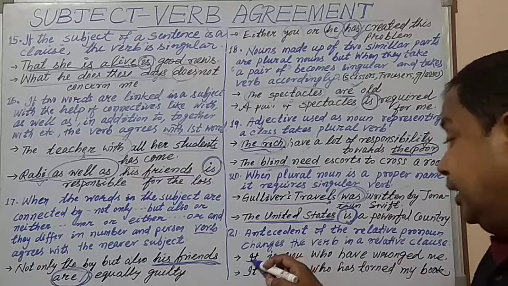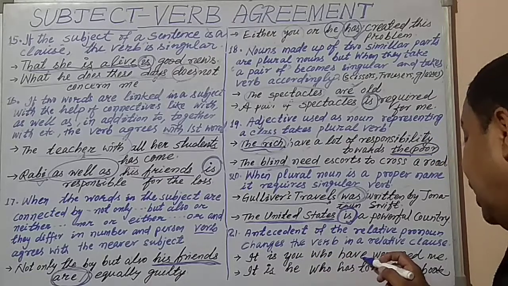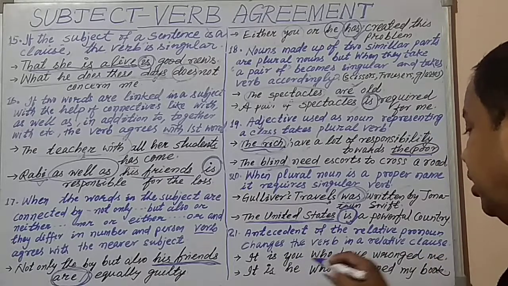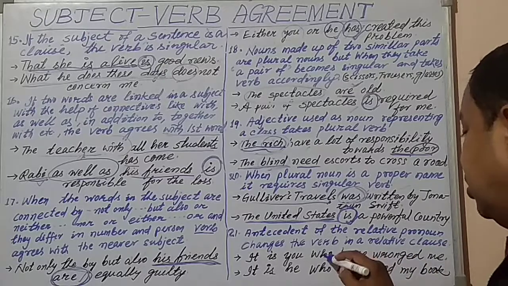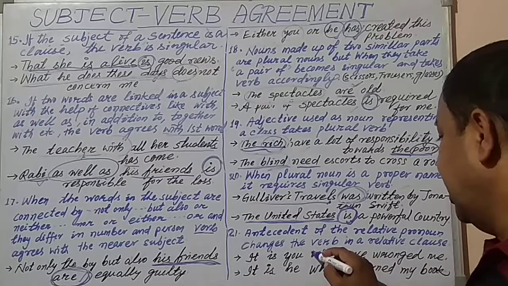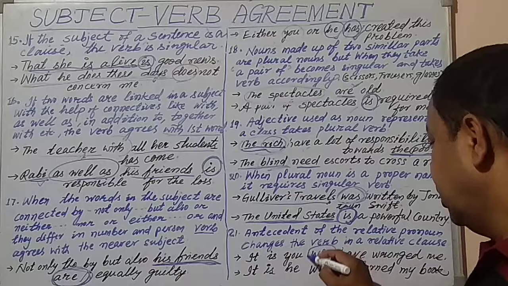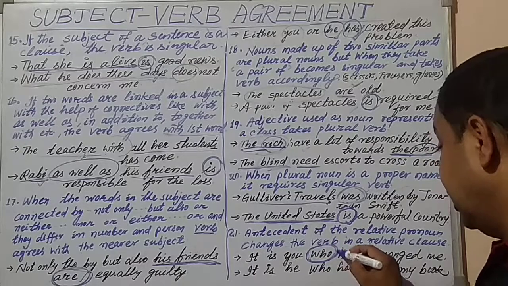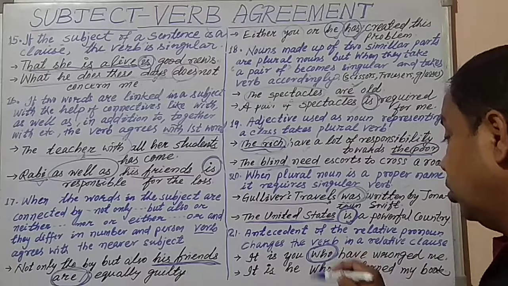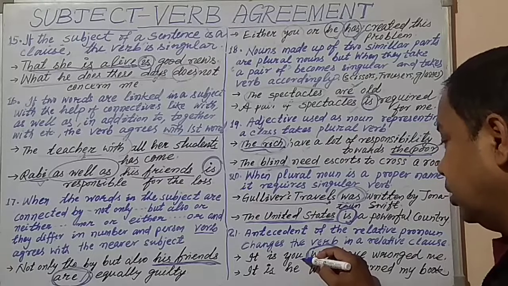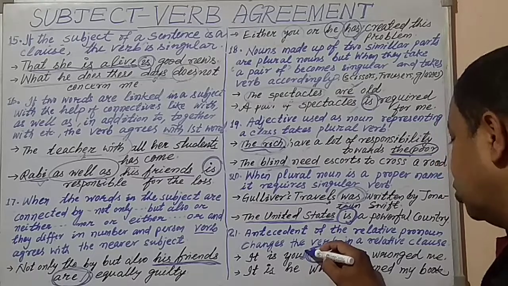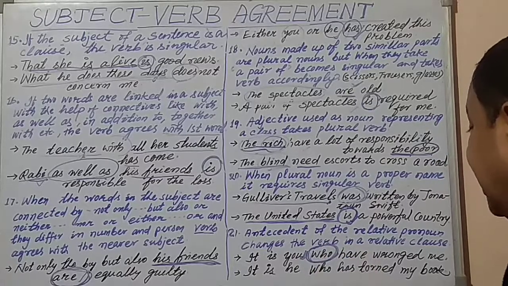How? It is you who have wronged me. You see here, this is a relative clause, and in this relative clause, you see here this one who, and this who refers to which word? Refers to this you. It is the relative pronoun.